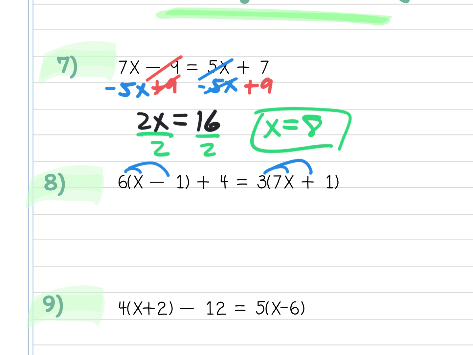That should give you an equation that looks like 6x minus 6 plus 4. This came from distributing the 6, and that plus 4 is still on the outside. And then we distribute the 3. 3 times 7x is going to get you 21x, and then 3 times 1 is 3.